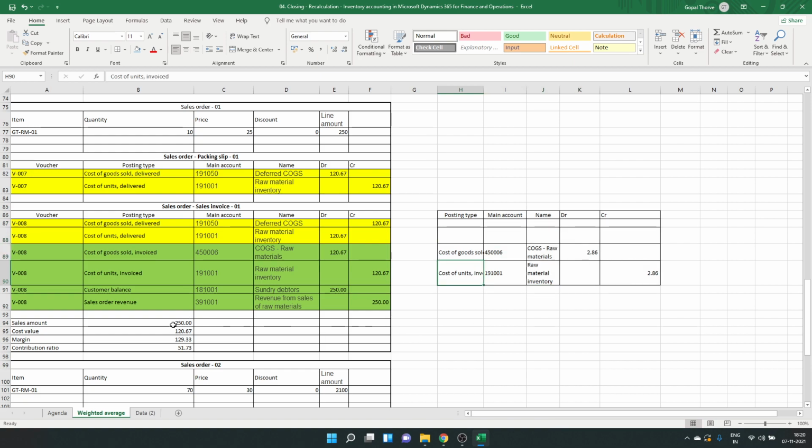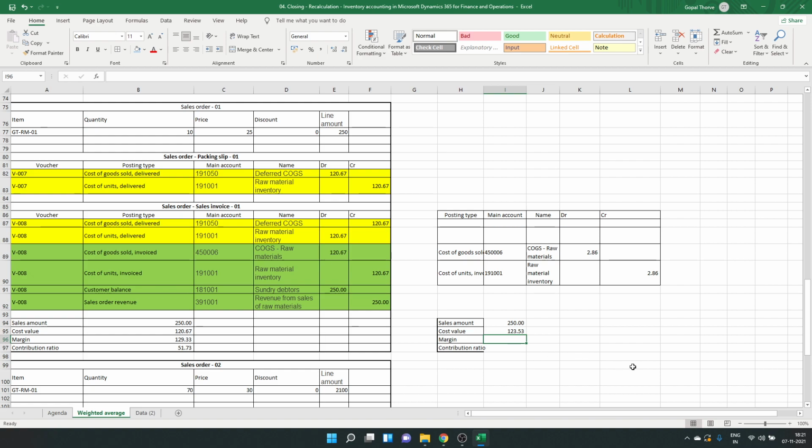Now what happens with this sales margin calculation? Let me copy this because this will revise. Sales amount will remain the same because this is my revenue. My cost value has changed from 120.67 to this.